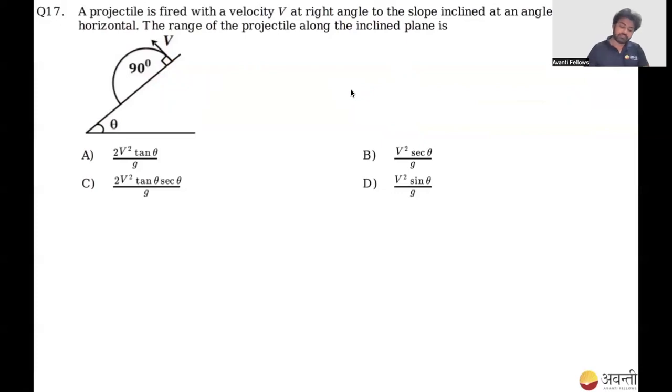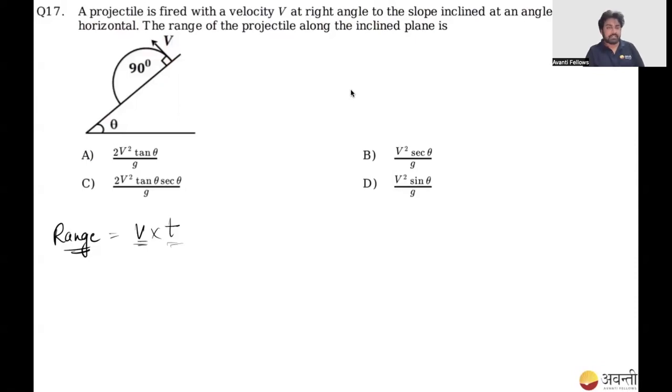So we have to find first of all the range. For finding range, we need two things. If acceleration is 0, then we need velocity into time, which happens in the case of a projectile on a horizontal plane. Then we put velocity as horizontal velocity, and time as time of flight.